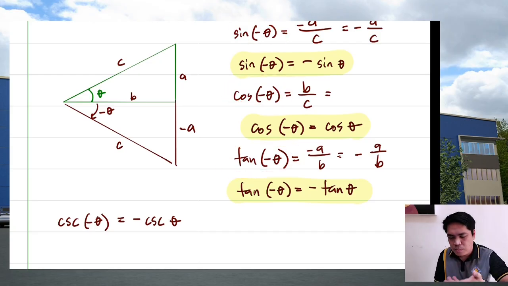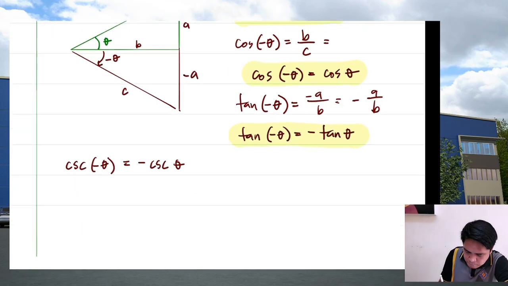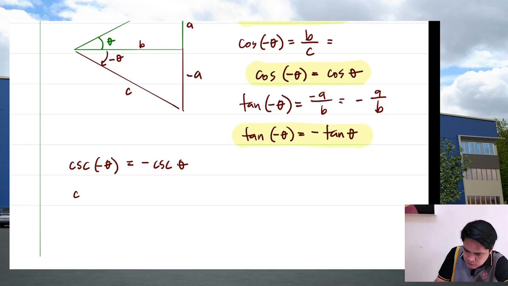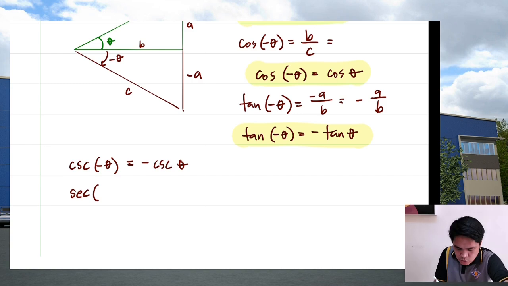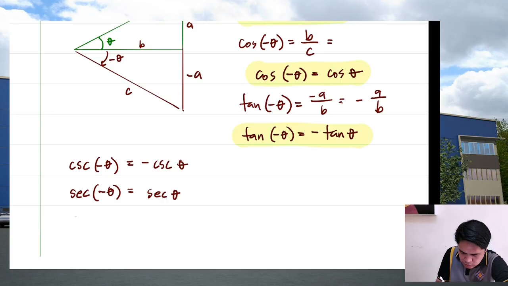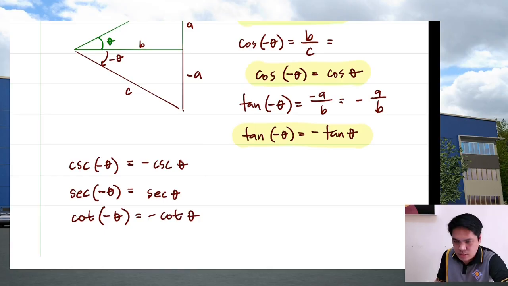So sa mga reciprocal niya, the same din yung mangyayari. So we could say that secant, since secant is the reciprocal of cosine, so secant of negative theta is just equal to, ano yung property dito, naging positive lang. So that is just secant theta. And cotangent of negative theta is just equal to negative cotangent theta.